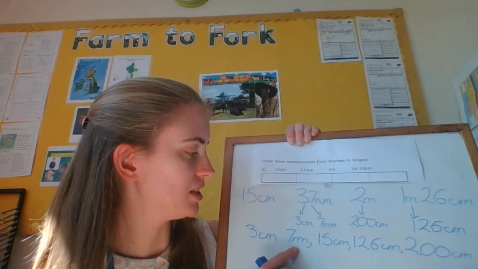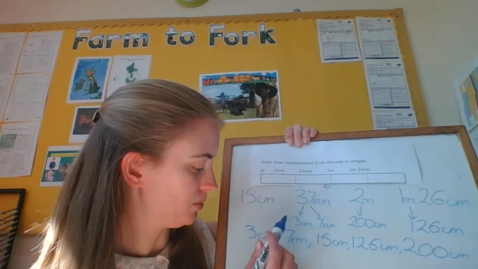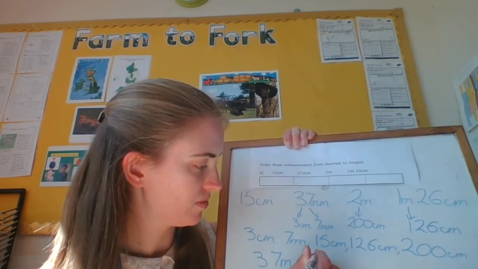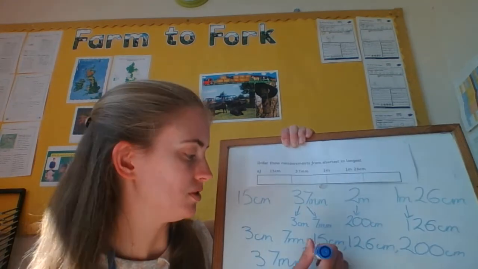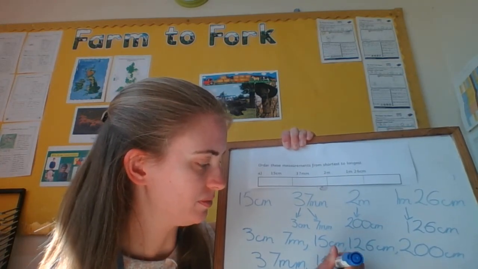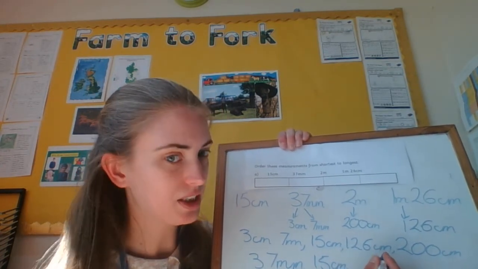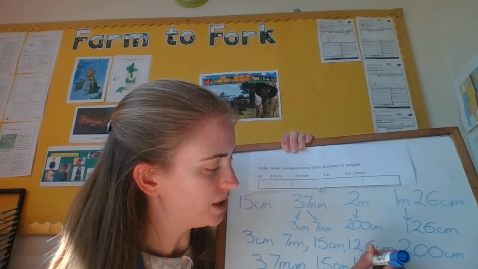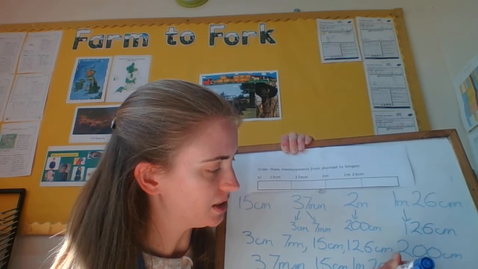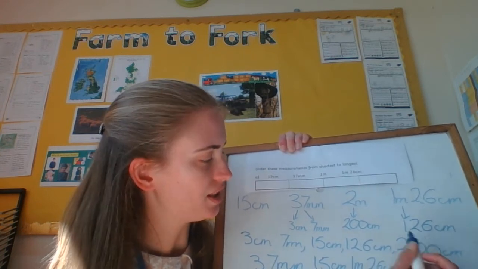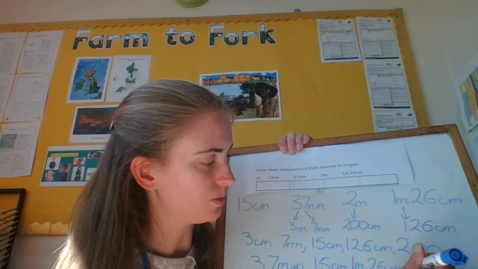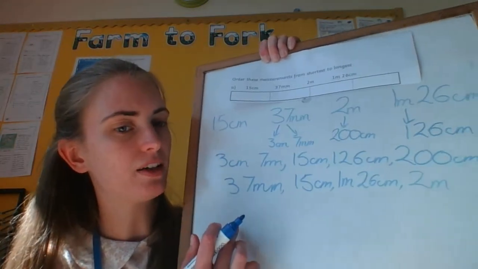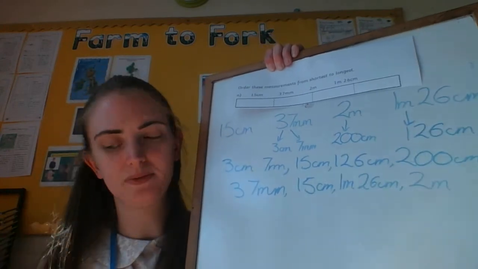So 3 centimetres and 7 millimetres, that one was 37 millimetres. 15 centimetres, oh, that was already in centimetres, so I can keep that one. 126 centimetres, that one was in the form of 1 metre, 26 centimetres. And 200 centimetres, that one was in the form of 2 metres. So that would be my final answer for that one.